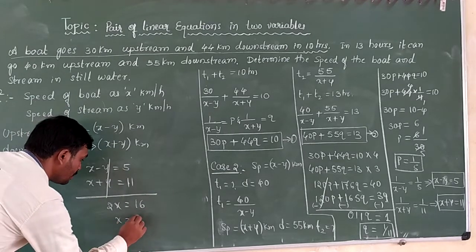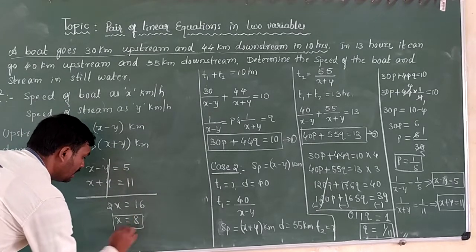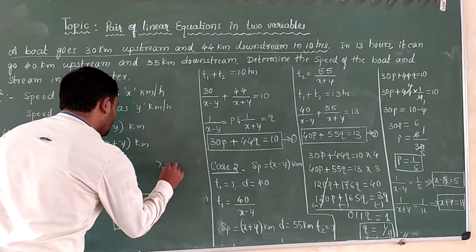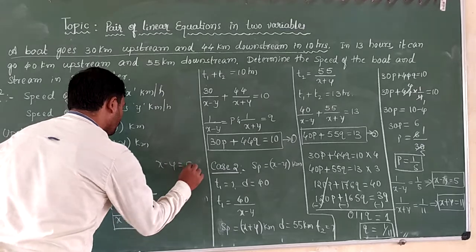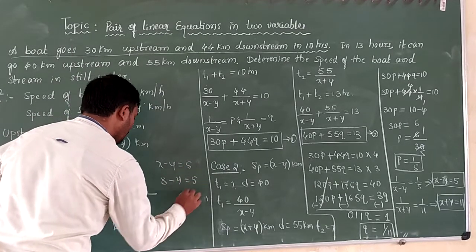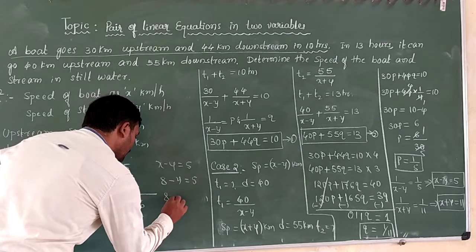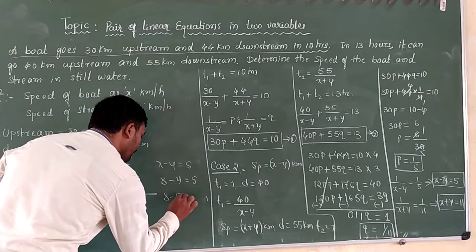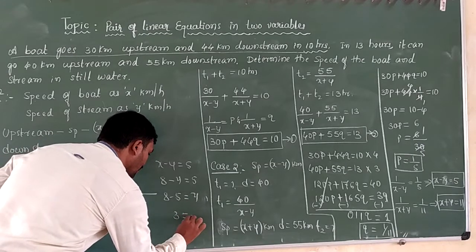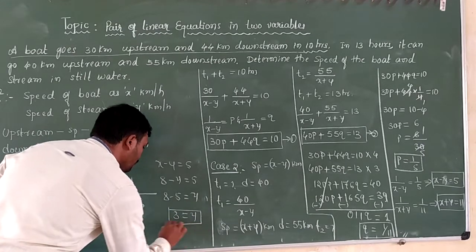So x is equal to 8. X is equal to 8, and to calculate y, x minus y is equal to 5. Here x is 8, 8 minus y is equal to 5. So 8 minus 5 is equal to y. So 3 is equal to y.